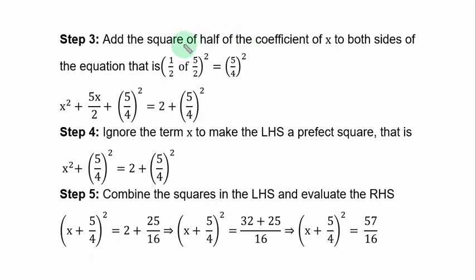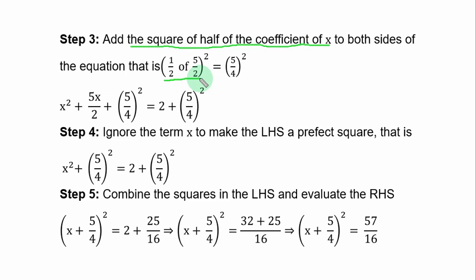Step 3, add the square of half of the coefficient of s to both sides of the equation. From the previous step, we saw that the coefficient of s is 5 over 2. So you take half of it and square it. Of means times.